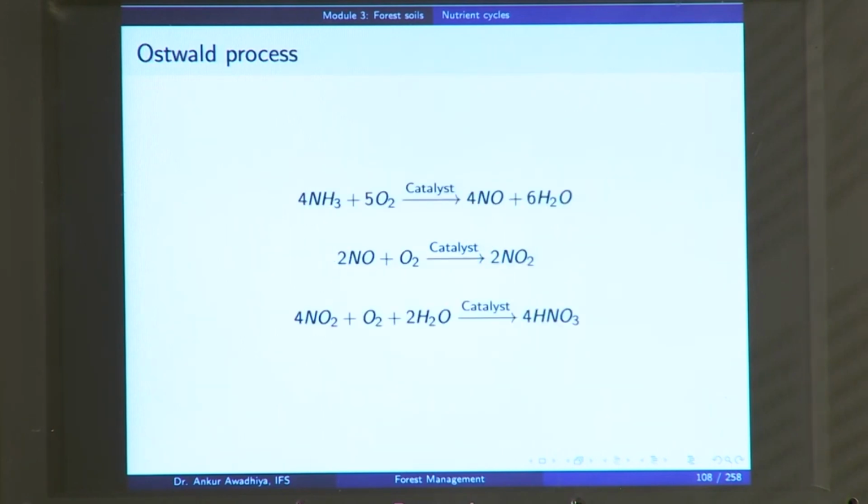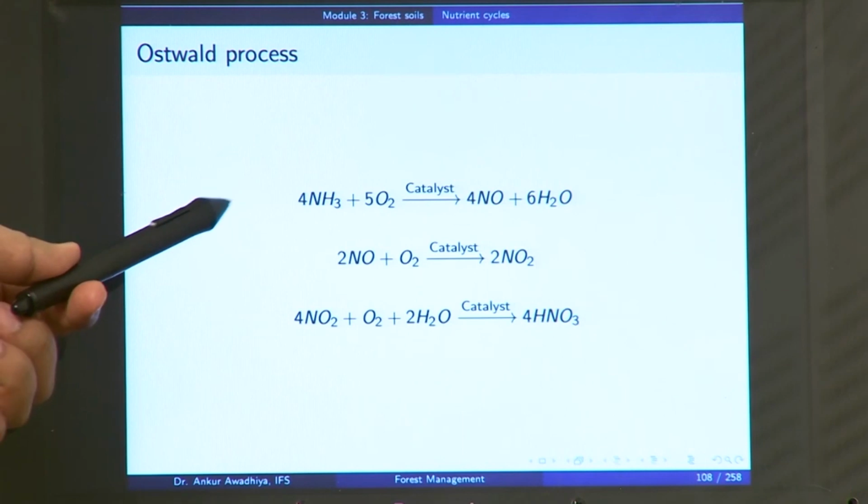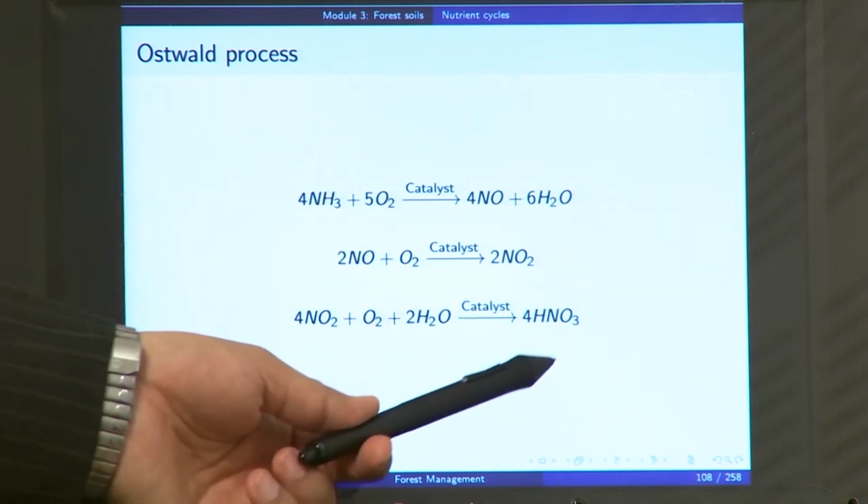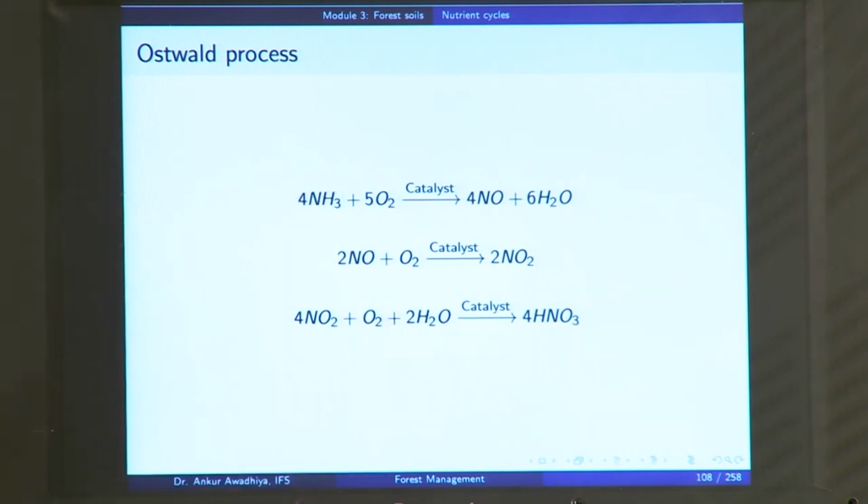Another way in which industrial nitrogen fixation is done is through the Ostwald process. Now, in the Ostwald process, you have this ammonia that was built in the Haber process, and you convert it into nitrates. So, how is that done?